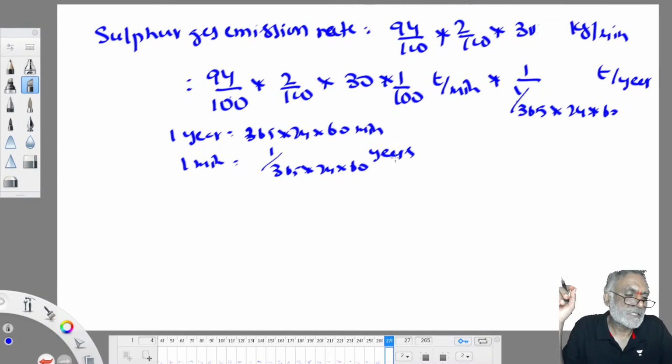So how much it is? Kilograms to tons, 1000 this is.